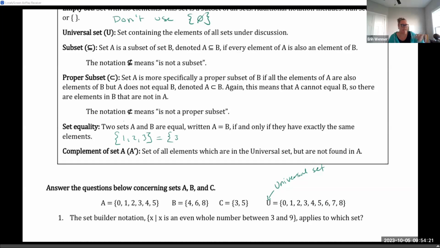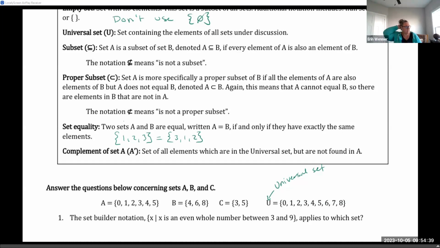It's like taking them and putting them in a bag, jumbling it up. 1, 2, 3 is still 2, 1, 3, or 2, 3, 1. They're still all the same values in that bag. And so those two sets are equal if and only if they have the exact same elements.